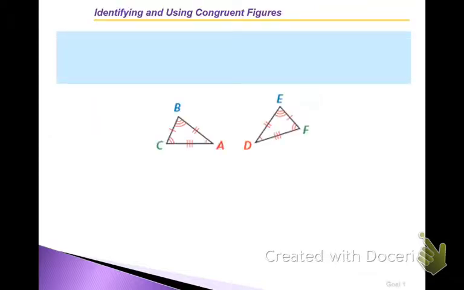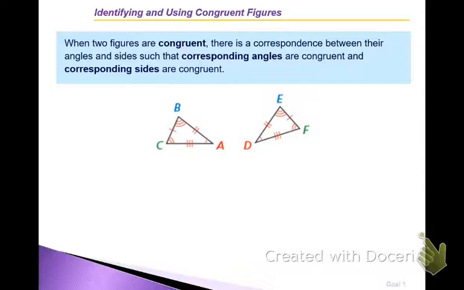We have these 2 shapes. You see them in the middle of your paper. Go ahead and fill in the blank that you see. When 2 figures are congruent, there is a correspondence between their angles and sides such that corresponding angles are congruent and corresponding sides are congruent.